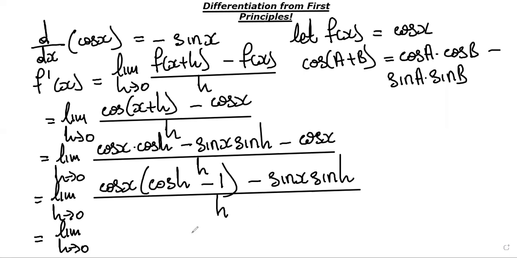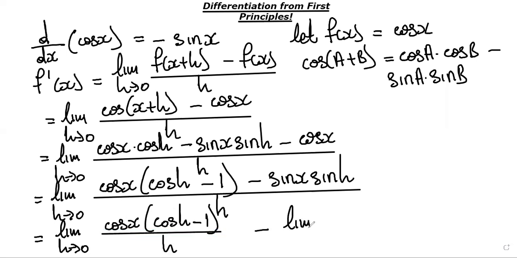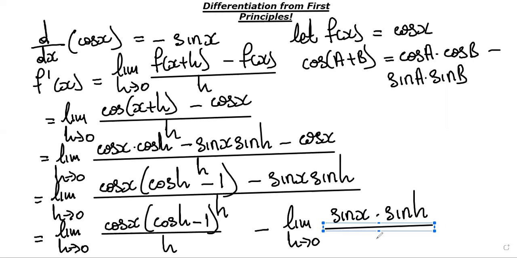You'll see that it's just going to be the limit as h approaches 0 of cosine x into cosine h minus 1, and this is divided by h. And then we say minus the limit as h approaches 0 of the sine of x times the sine of h, and we say everything is divided by h.